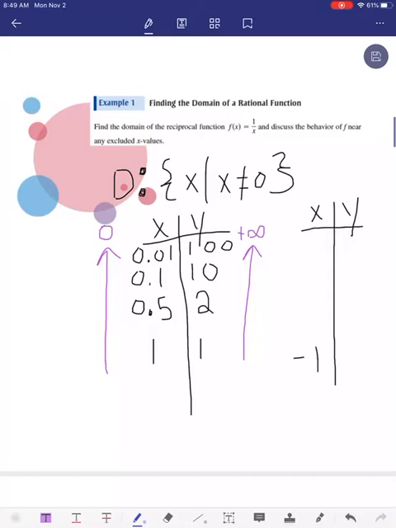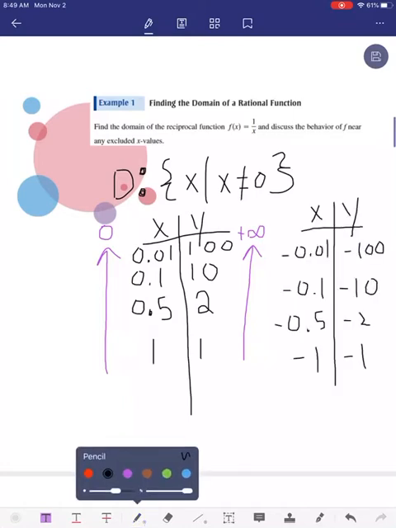So likewise, if I plug in -1, I'm going to get -1. If we plug in negative 0.5, I'm going to get a -2. If we plug in negative 0.1, we're going to get -10, and negative 0.01, we would get -100.